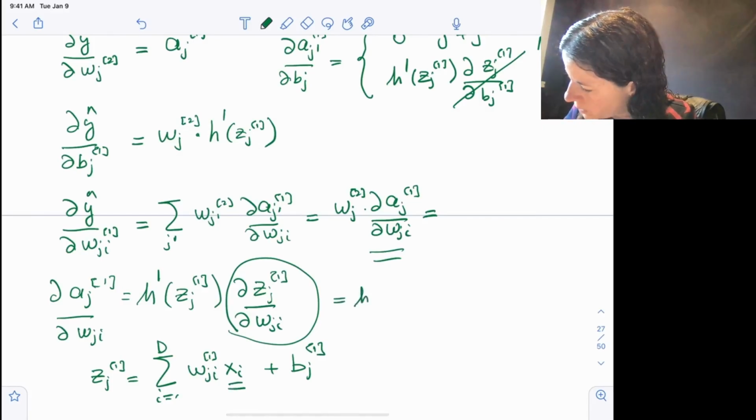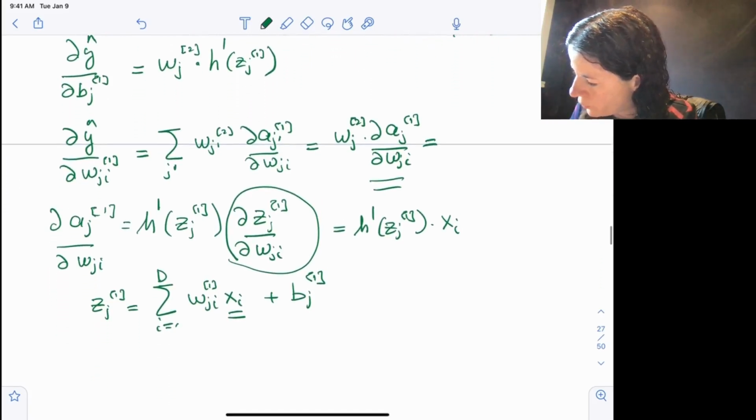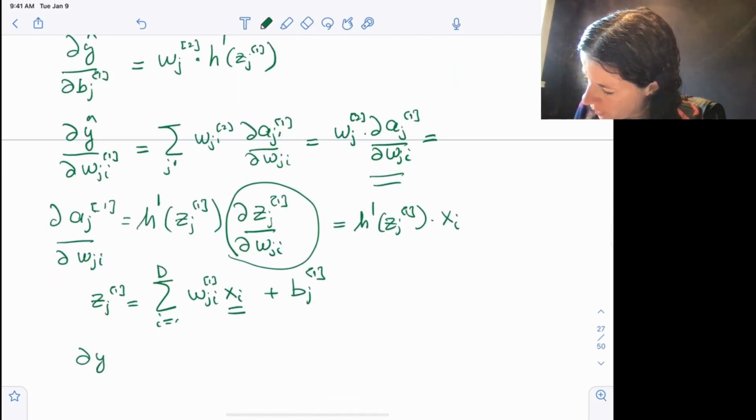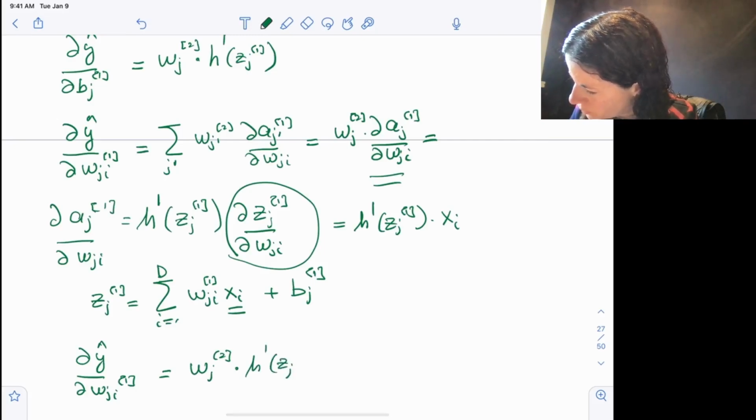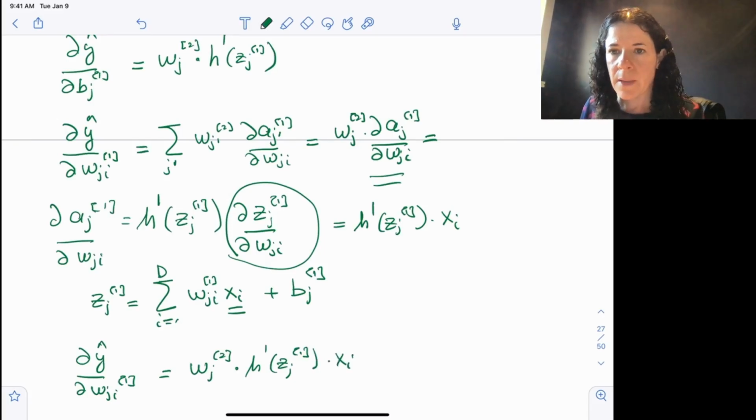What we get here is h prime of z_j^(1) times x_i. So finally, dŷ/dw_ji^(1) is equal to w_j^(2) times h prime of z_j^(1) times x_i.